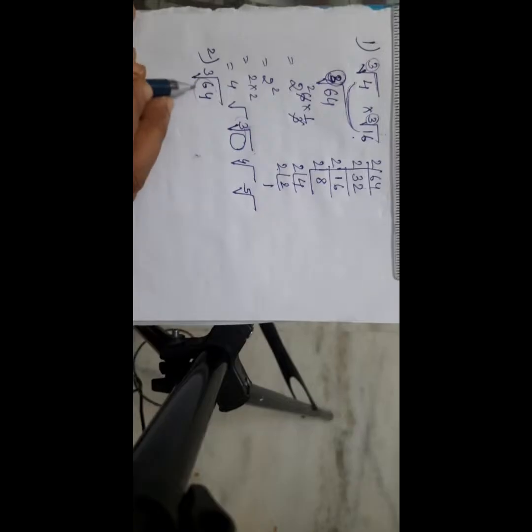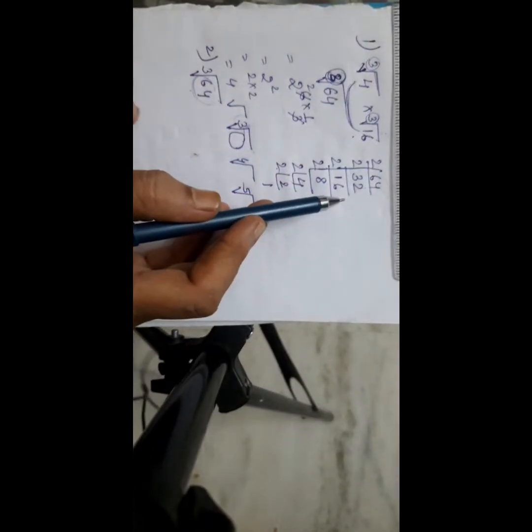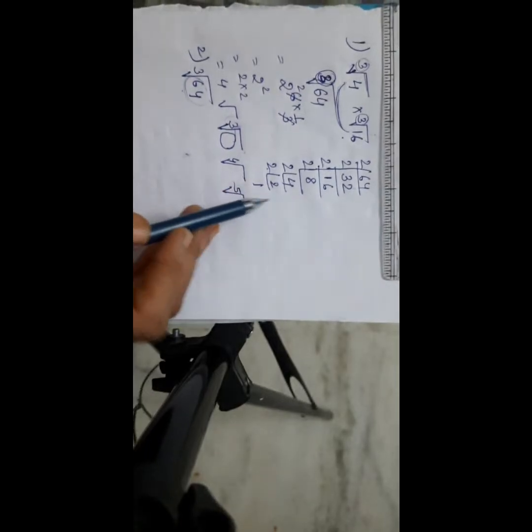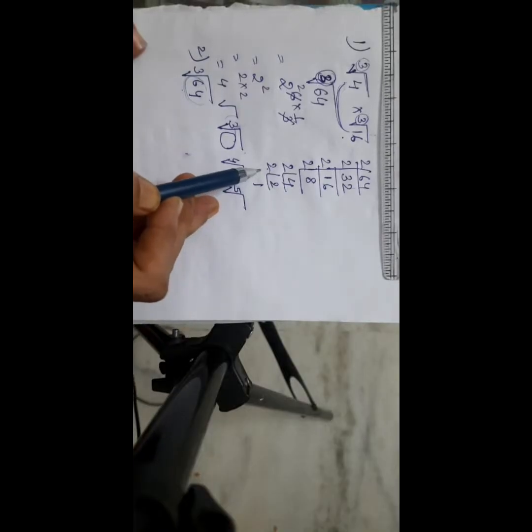Here the cube root of 64 is there. We are going to find the prime factors of 64. The prime factors of 64, I already did, where we got 2 six times. So how are we going to write it? 2 raised to 6. Whatever number you are getting, you need to write with that representation.